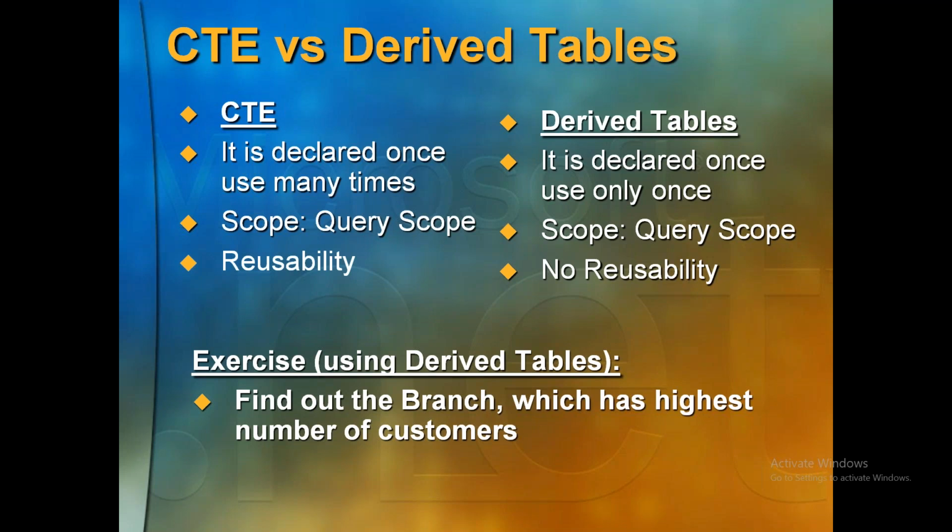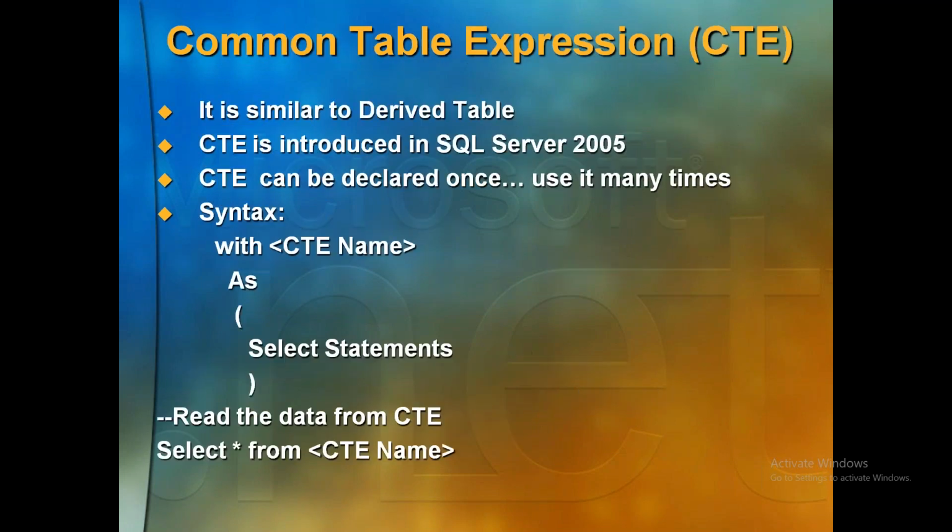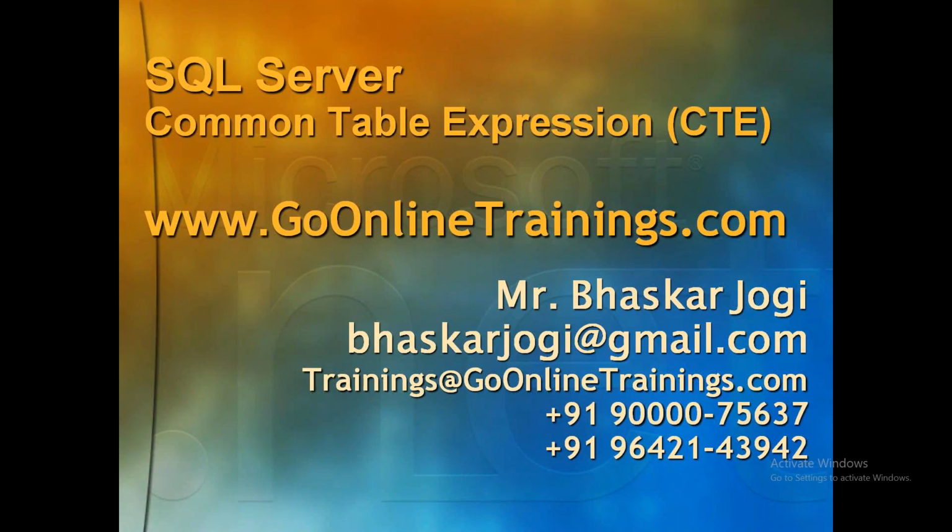Am I clear? So you try to do this in multiple ways, using derived tables and subqueries. You can also use derived tables as well as your ranking functions, but try to implement derived tables and subqueries. Find out the branch which has the highest number of customers. Clear? You try to get that, and tomorrow we'll discuss what a common table expression is all about.